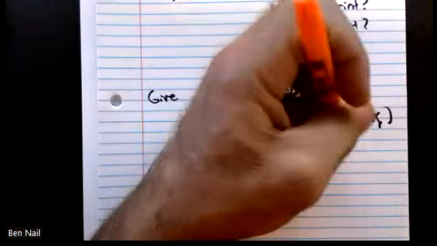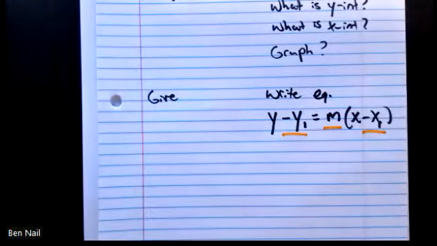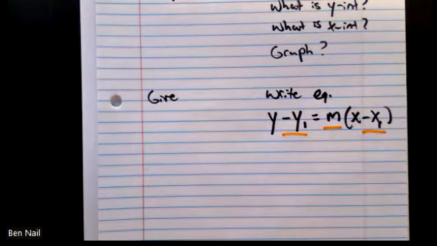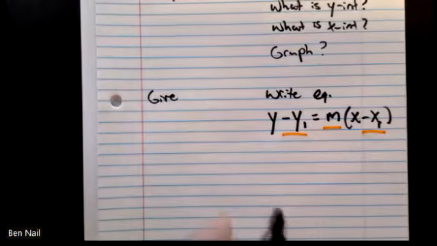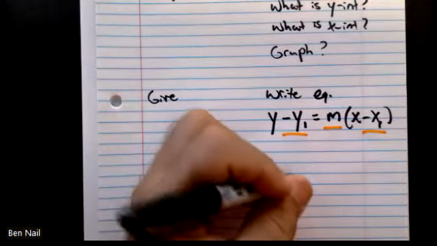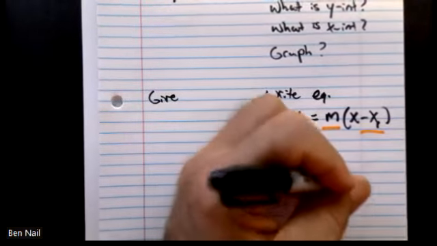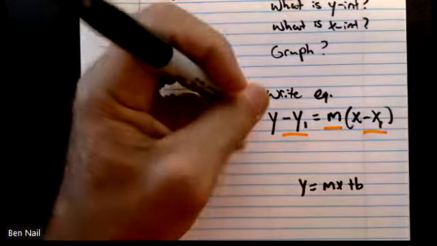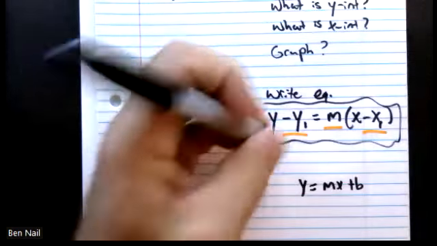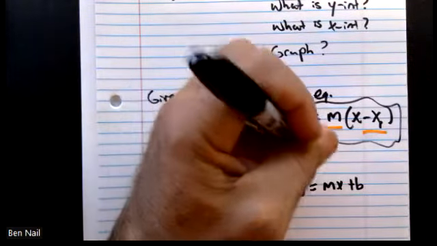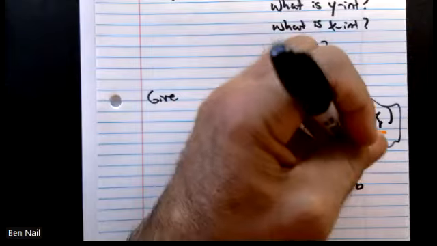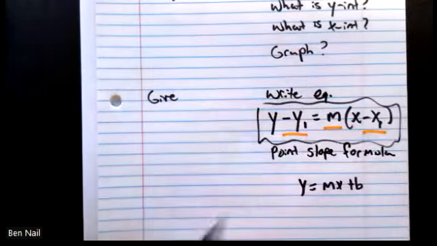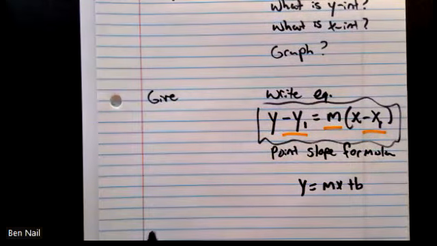We're always looking for 3 pieces of information, which we can plug in. And then when it's all said and done, we're going to end up with an equation. But this is called the point slope formula. And this is what we're going to use.